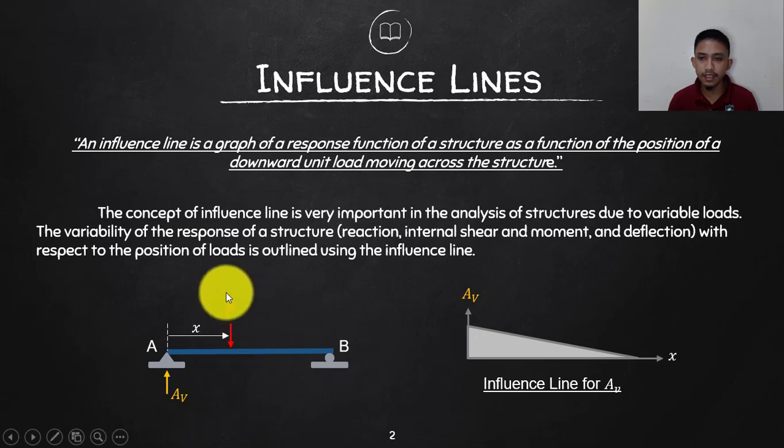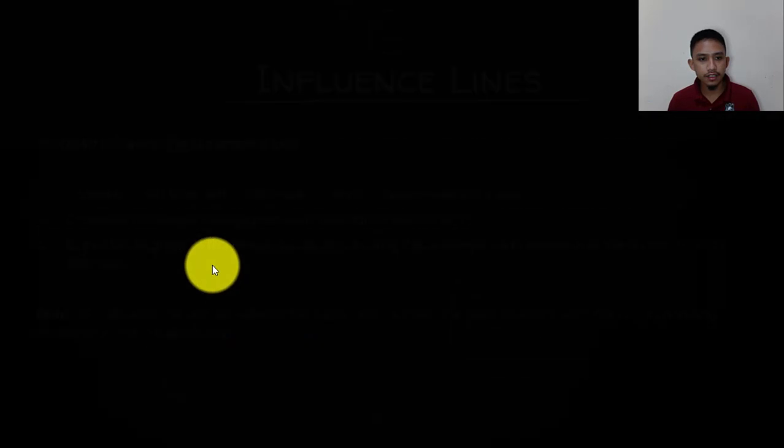So rather, you will be using a unit load. If you are in kilonewtons, then use 1 kilonewton to draw your influence line. So that is the first step.